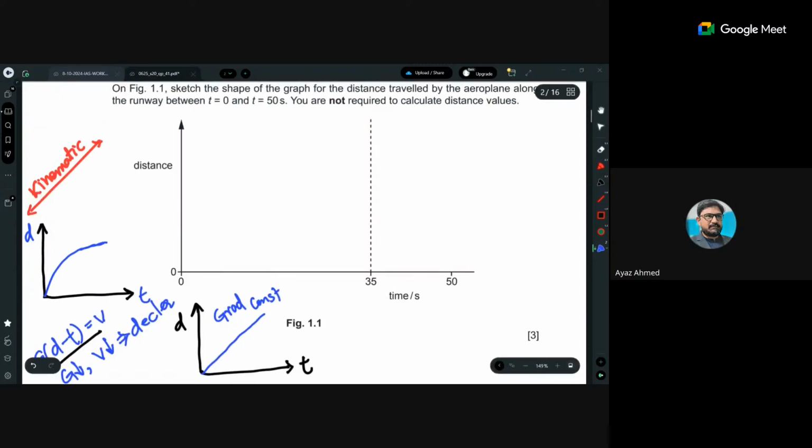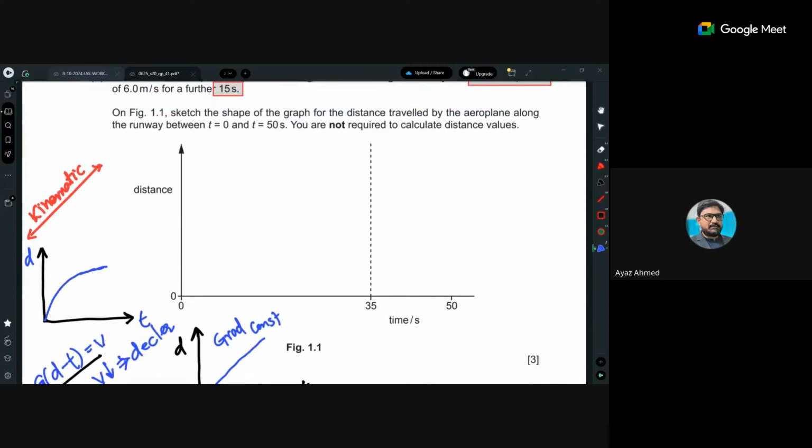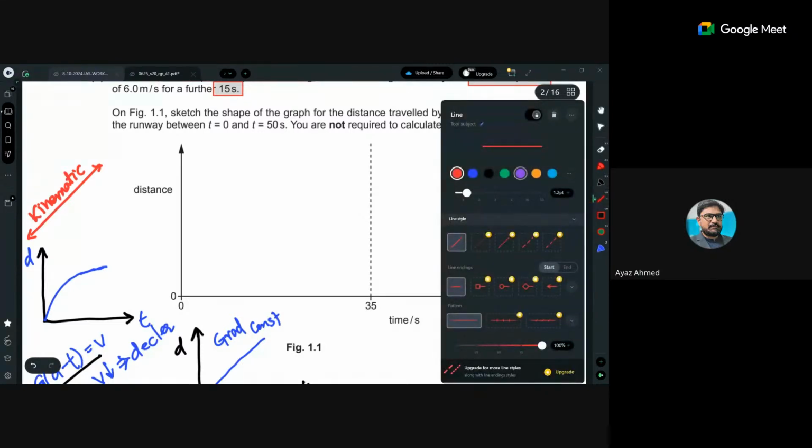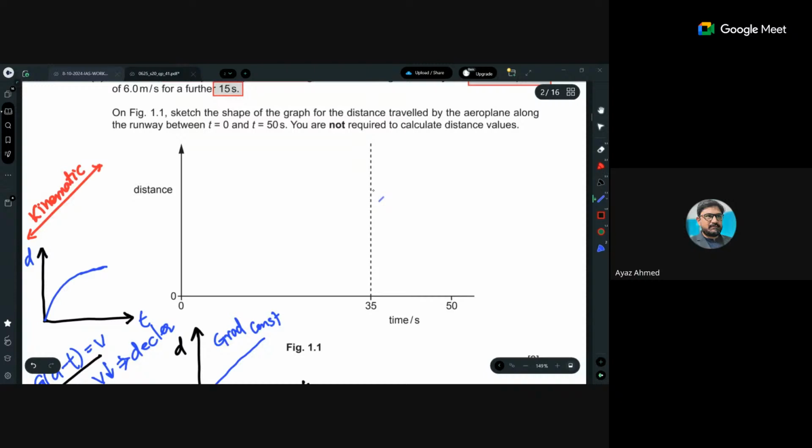But the problem is, till 35 seconds you have to draw a curve, and after that your curve should become a straight line. So for this graph, what I recommend to the students is to just take your scale and draw a straight line from the indicated time, let's say from 35 to 50, and then join this over here.